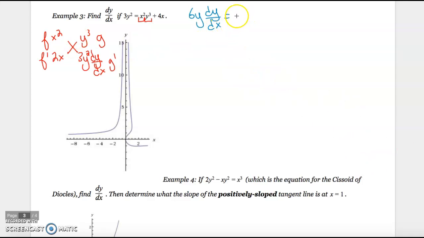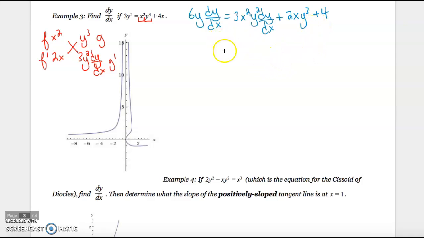And I would get 3x squared y squared dy dx. I know the 3 goes with the y squared, but I hate not writing the constant in the very front. Oh, I gotta be careful, that's a y squared. And then plus 2x times y cubed, so 2x y cubed. And then don't forget you have a plus 4x just tacked on to the end, so find the derivative of that and you get just plus 4.